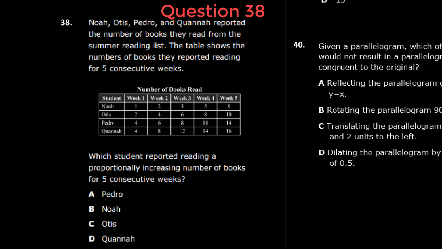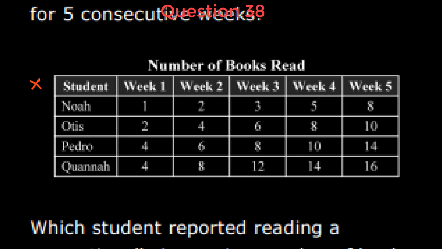Question number 38. Which student reported reading a proportionally increasing number of books for 5 consecutive weeks? In a proportional relationship, the ratio of y to x remains constant. If the number of weeks are our x's and the number of books is our y's, the outputs for Noah are 1, 2, 3, 5 and 8.